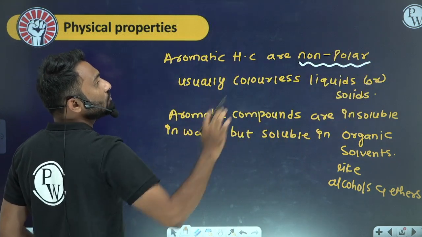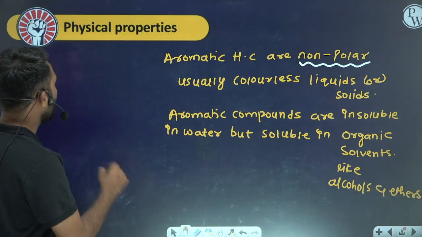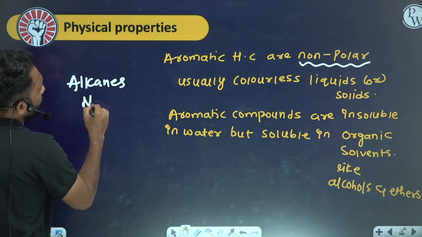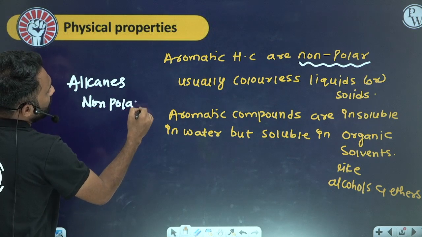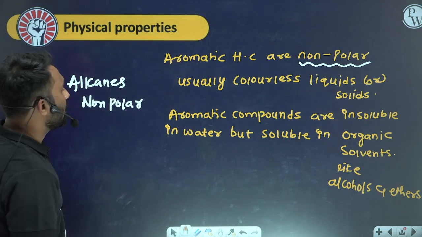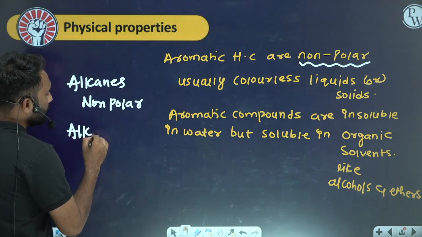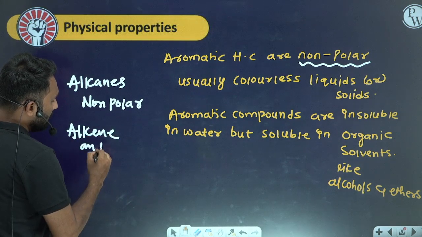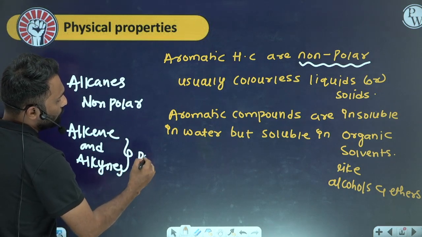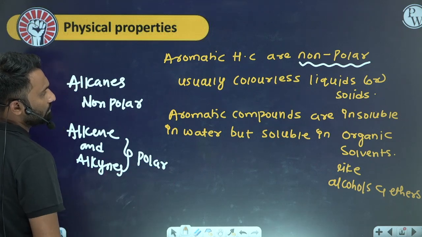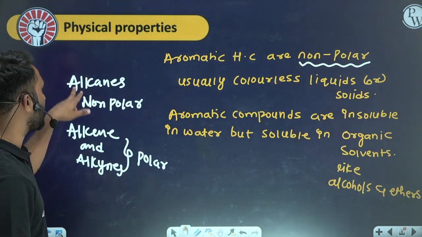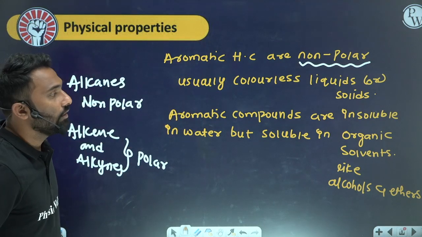Alkanes are also non-polar and will not dissolve in water. But alkenes and alkynes are polar due to the presence of the pi bond, they show polarity. Alkenes and alkynes are polar, alkanes and aromatic hydrocarbons are non-polar.